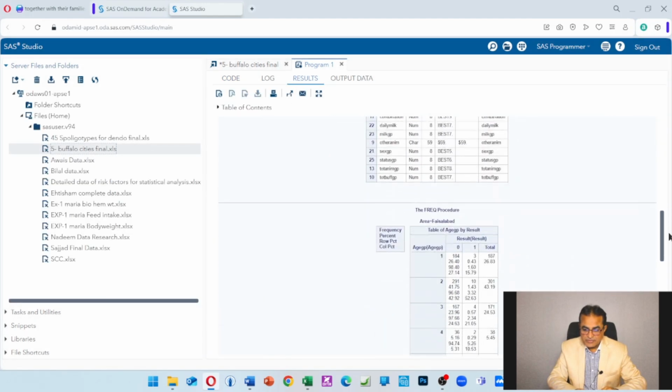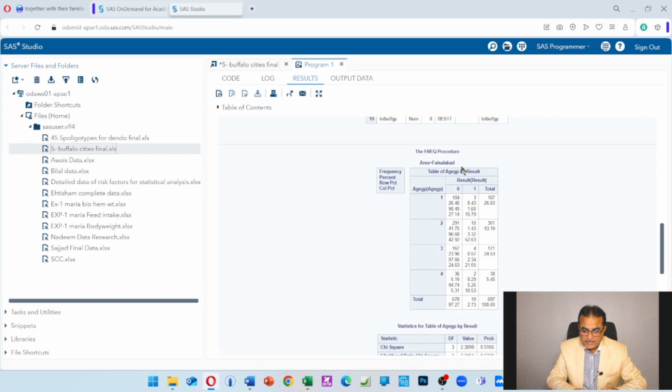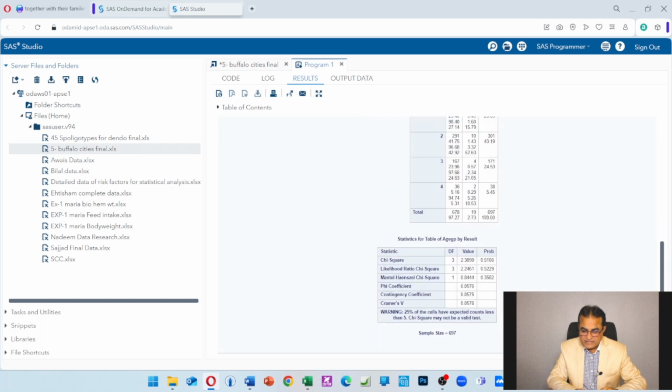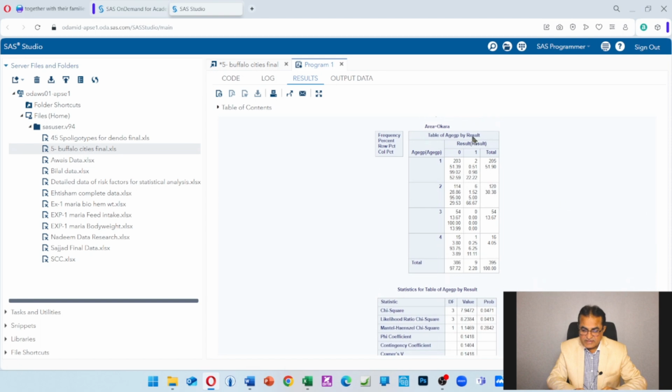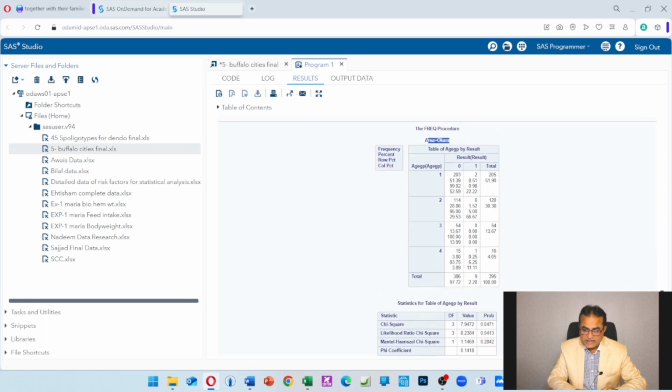Here the tables are generated for Faisalabad city. This is a frequency table, and here are the chi-square results. And beneath is for Pokhara city, another city, and here is the table.